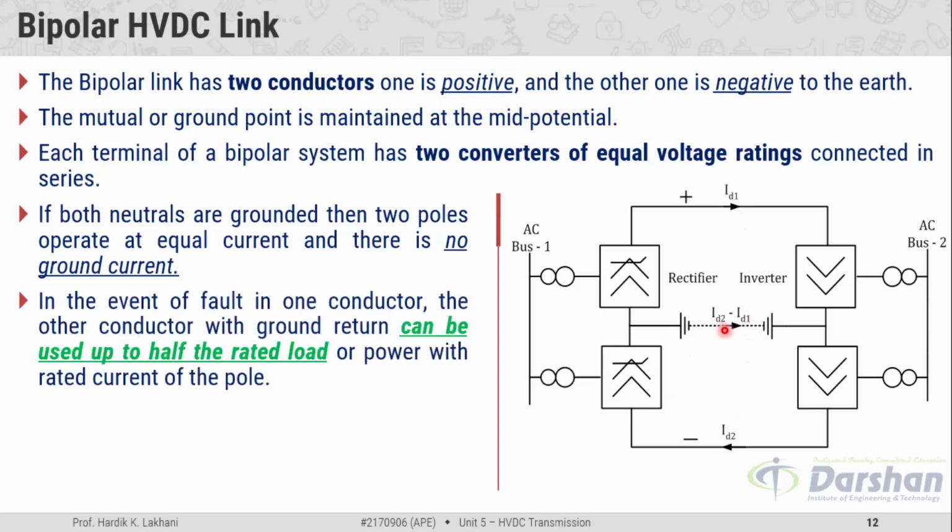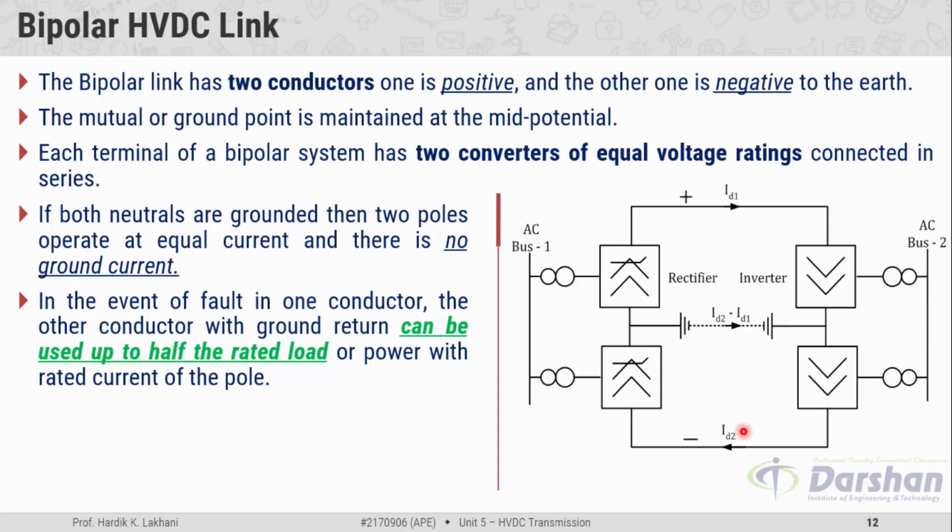Let us compare the bipolar HVDC link with the monopolar HVDC link in the event of a fault. In the event of a fault in one conductor, for example in this conductor, the other conductor with ground return can be used up to half of the rated load or power, with the rated current of the pole.